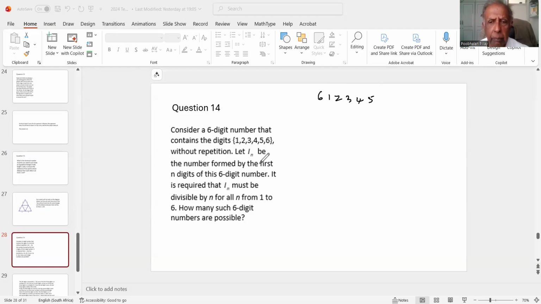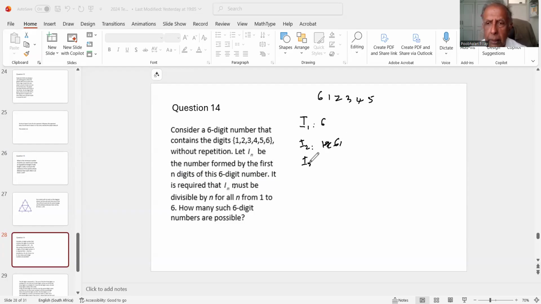Let I_n be the number formed by the first n digits. So I1 is 6. I2 is the number formed by the first 2 digits. So that's, oh, I'm sorry, 61.